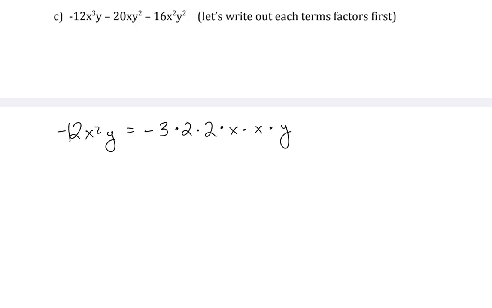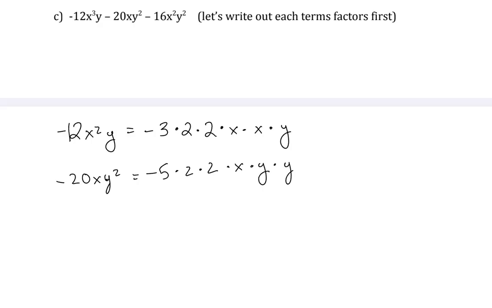Times y. Okay, and I'm going to go back and highlight all the things that are common. So then I'm left with also negative 20 x y squared. So I'm left with negative 5 times 4, but that's negative 5 times 2 times 2 times x times y times y.